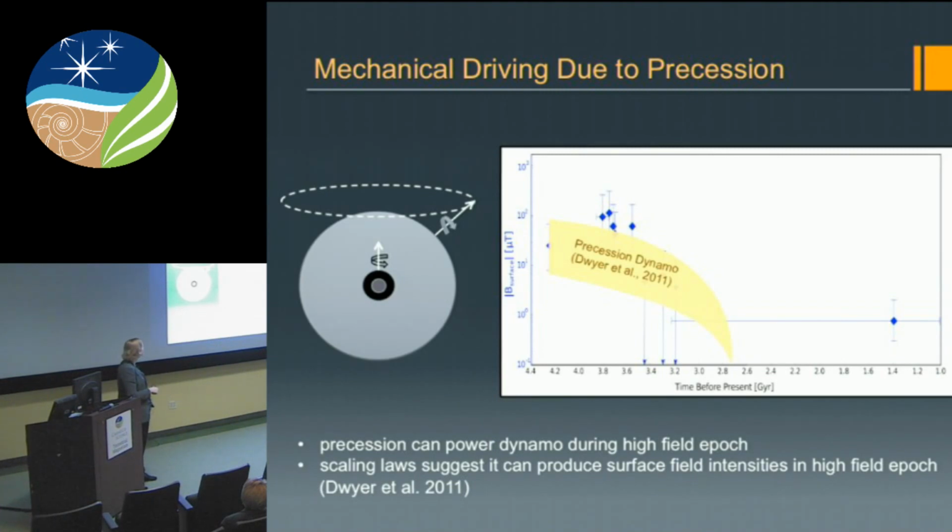So it's not clear that the scaling laws that have been produced from numerical simulations that are convection-driven will necessarily also work for mechanically driven dynamos. So there's still this open question as to whether or not you could actually fit this using that scaling law. But it seems to have potential, because it seems to be able to give you the high points and then the reason why you no longer have the high field.